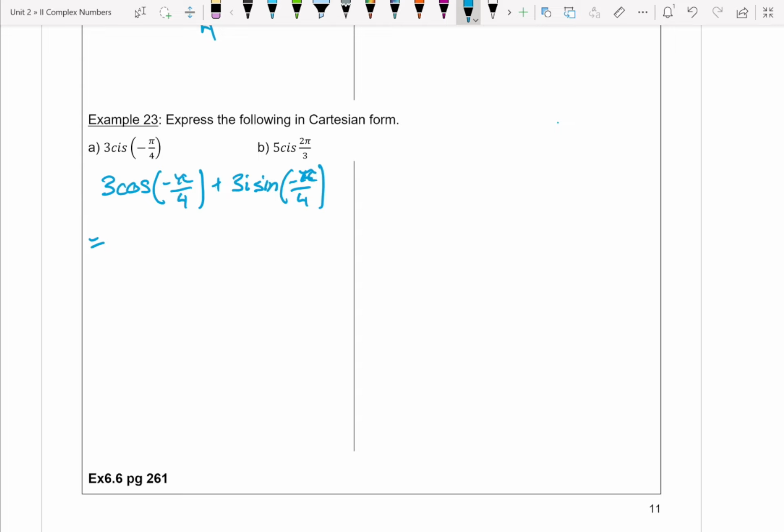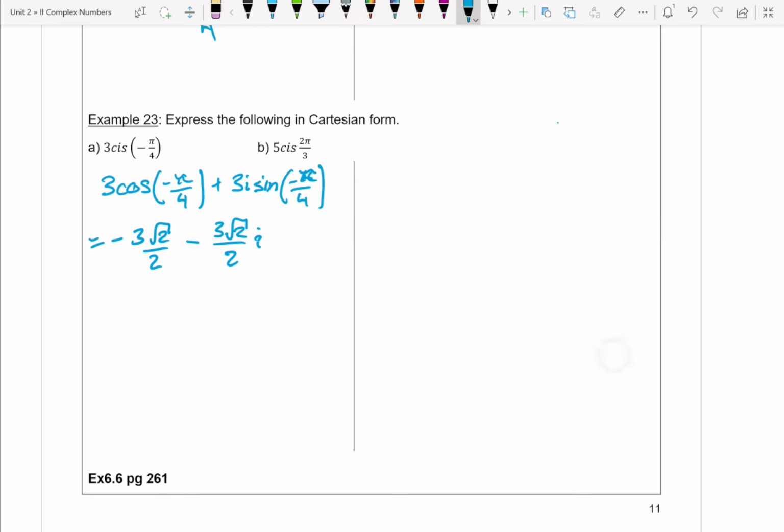Because we're at negative pi on 4, we're going to be in the fourth quadrant, which means we'll have a negative imaginary and a positive real. So this will be 3 times root 2 on 2 minus 3 root 2 on 2 i.